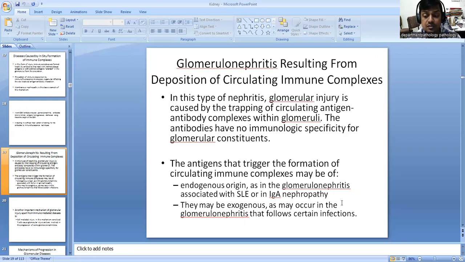The antigens that trigger the formation of circulating complexes may be of either endogenous or exogenous origin. Endogenous origin is in the glomerulonephritis associated with systemic lupus erythematosus, SLE, or in IgA nephropathy, also known as Berger disease. They may be exogenous, as may occur in the glomerulonephritis that follows certain infections.